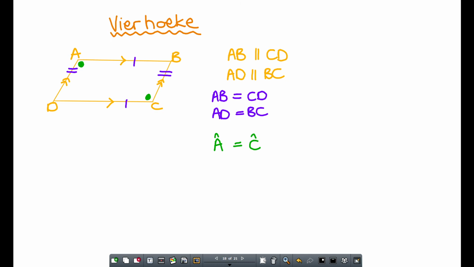What other angles would also be the same? D and B, yes. So I can say angle D is equal to angle B. Okay. You guys good?